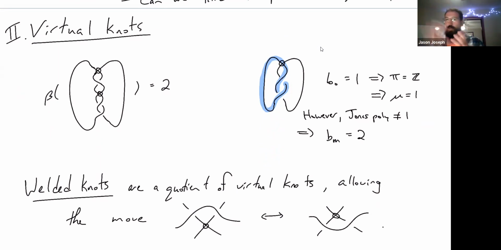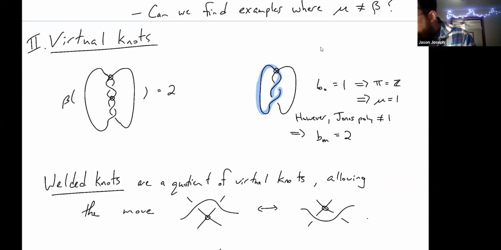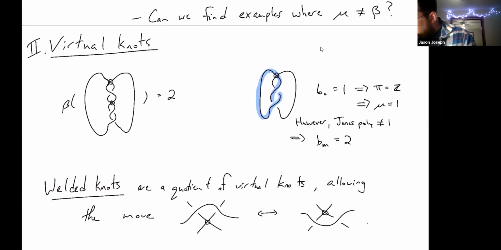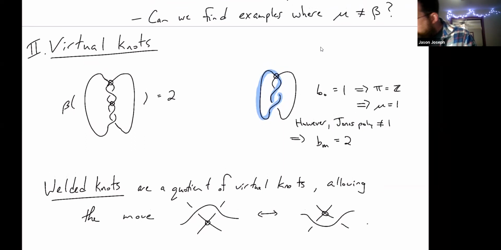Therefore, if you have some welded knot and you know its bridge number equals its meridional rank, the diagram is also representing a virtual knot, and so that particular virtual knot also satisfies those properties. That's why I said welded knots in the title, and I like them better anyway, because they have more of a connection to knotted surfaces, which we'll talk about.